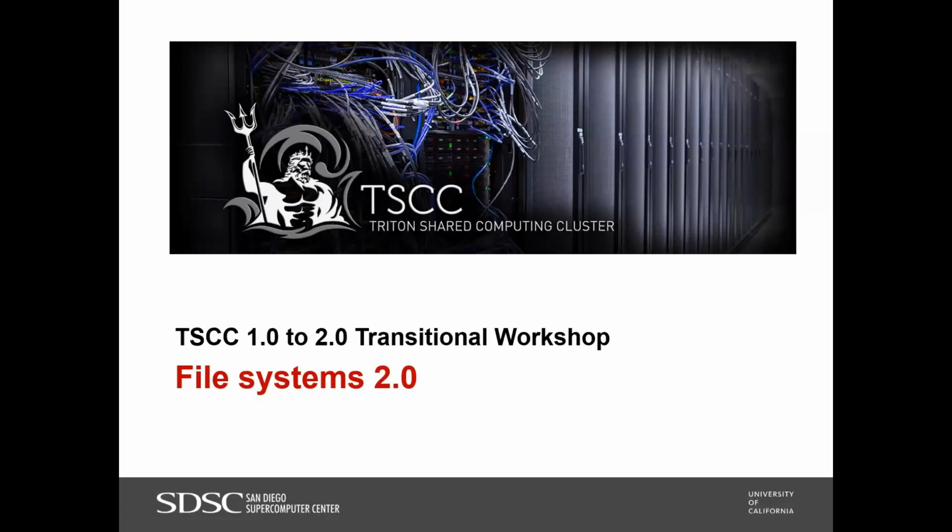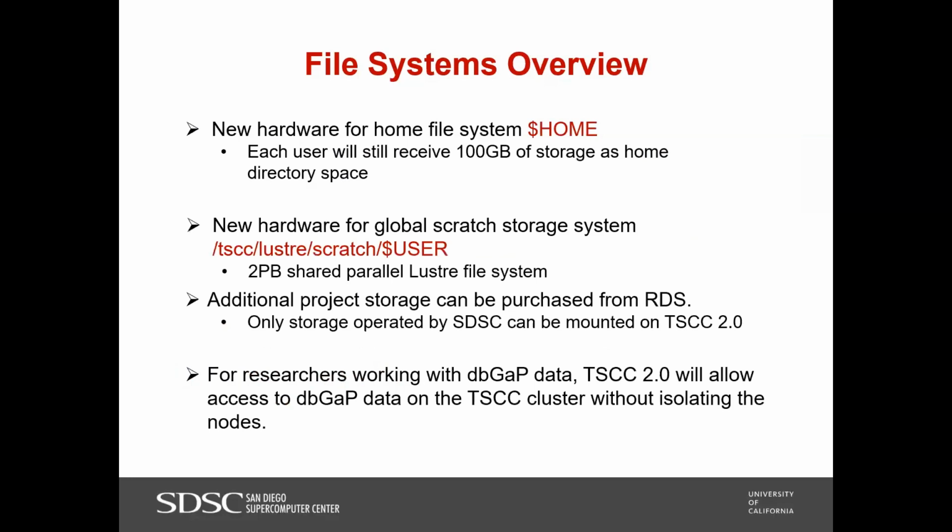As I mentioned, we have new hardware for the home and the scratch file systems. Here is the overview of our new file systems. For the home storage, each user will still receive 100 gigabytes of storage as the home directory.